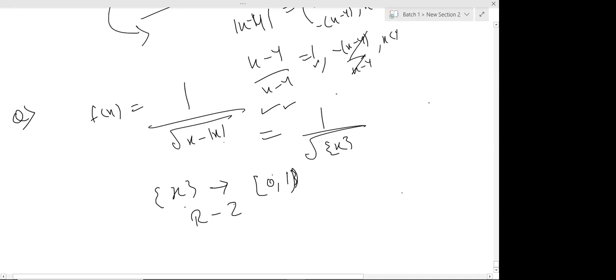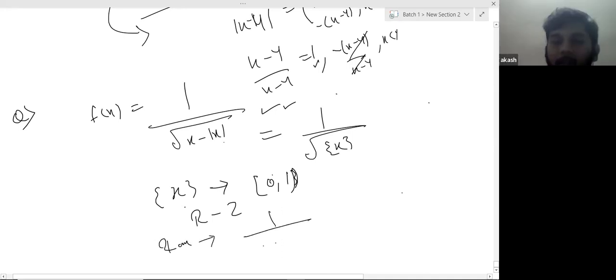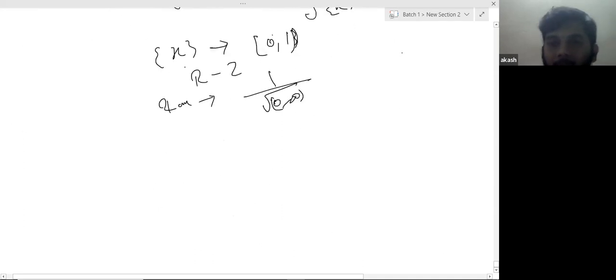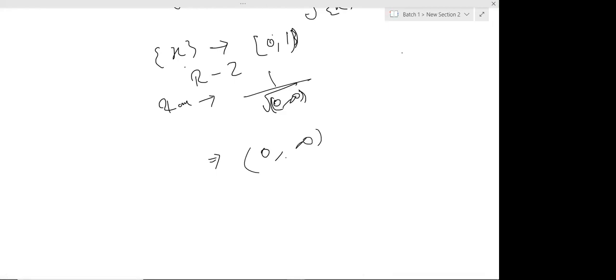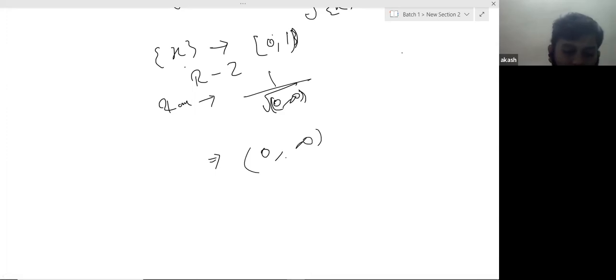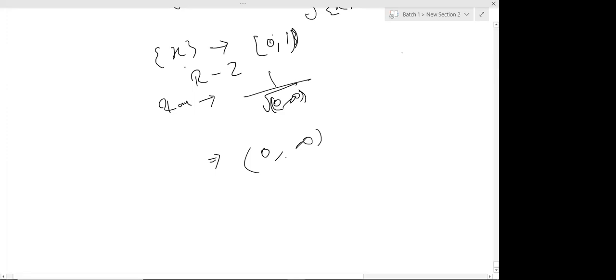Yes, sir. And range, we know that this will be from 0 to infinite, right? It will be minimum when the denominator is infinite, maximum when the value is 0, so 0 to infinite. Is this clear? Yes, sir. Okay. Irfan? Yes, sir, clear.